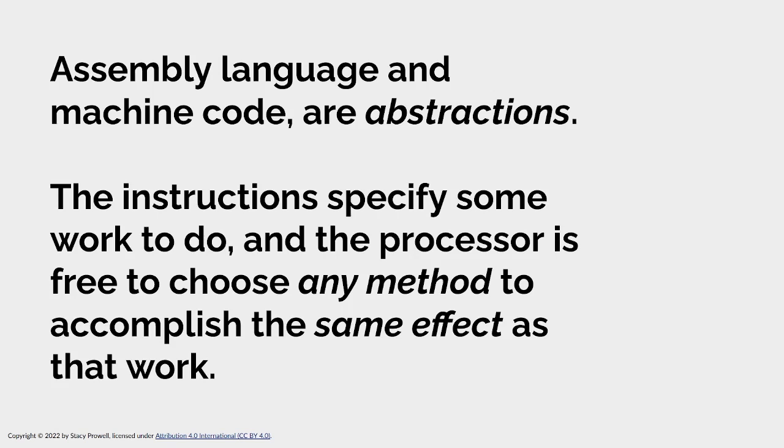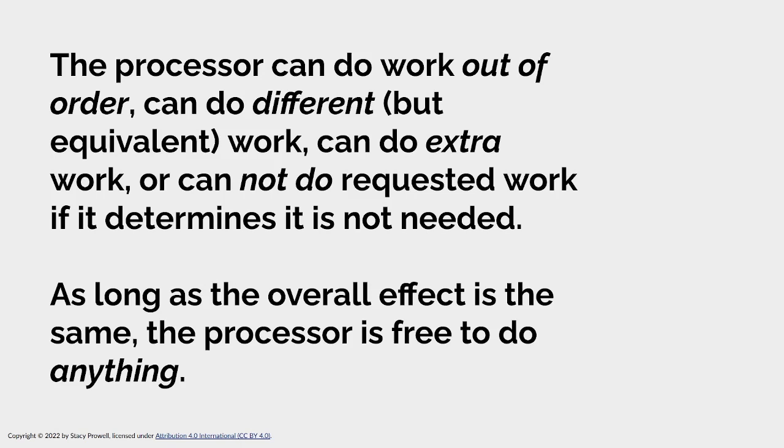Assembly language and machine code are abstractions. Don't think of them as the absolute literal bedrock ground truth, because they're not. The instructions specify some work to do, and the processor is free to choose any method to accomplish the effect described by those instructions. It can do work out of order, so it can actually reorder the instructions if it wants to.